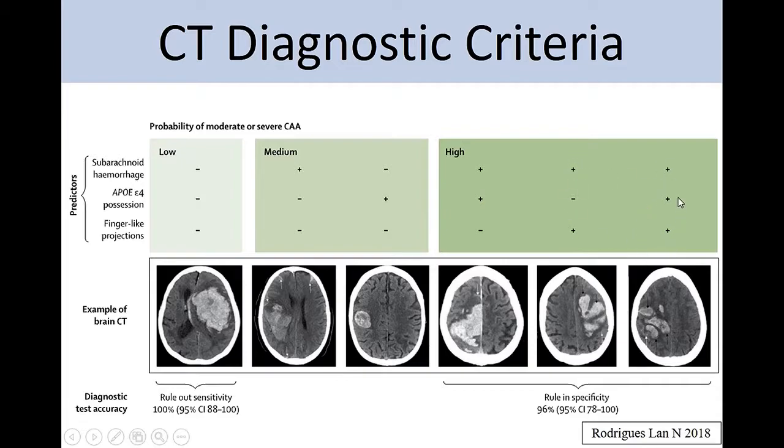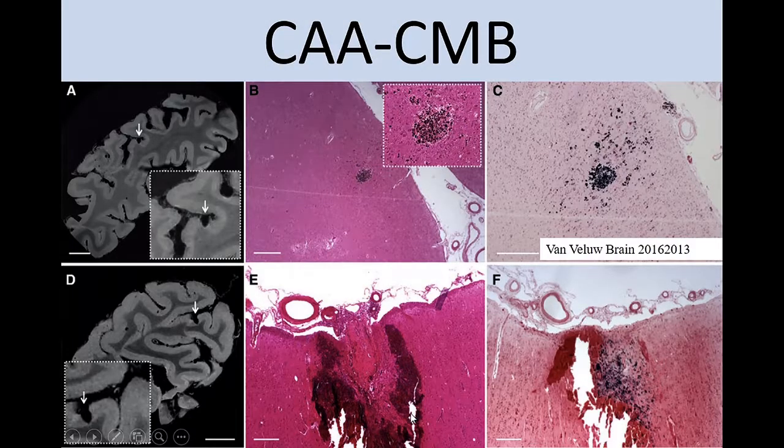Here you have all three cases. Here they don't have, or they don't know the ApoE, but they have the other two, subarachnoid hemorrhage and finger-like. So with a very high proportion, this will be CAA. And in the middle, well, you have a problem. But that's always the case. It's never black and white. But that's, I think, a very nice, recently published workup that could help us in the daily routine.